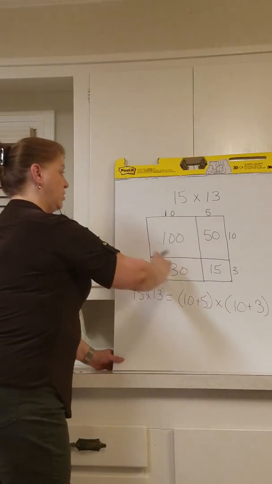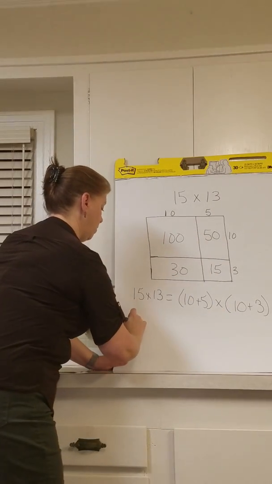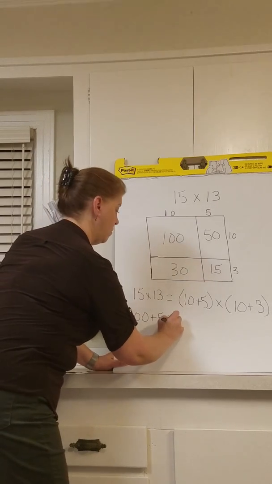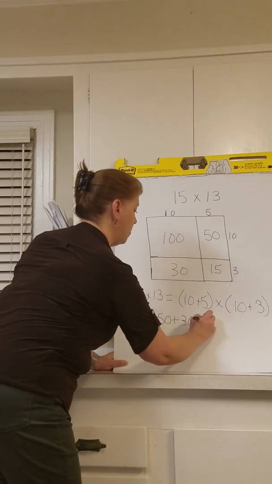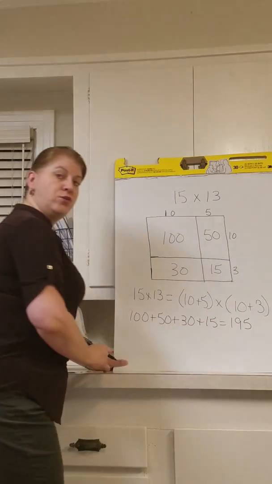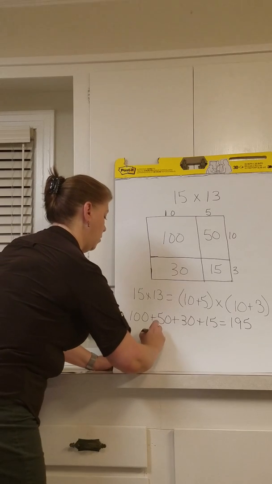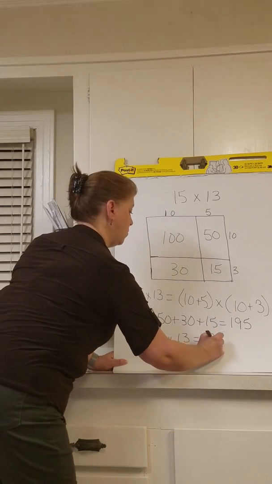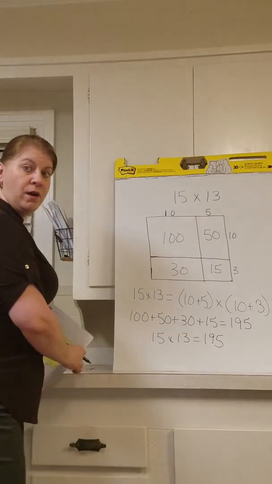So we have a total area here of 100 plus 50 plus 30 plus 15, which is equal to 195. So 15 times 13 is equal to 195.